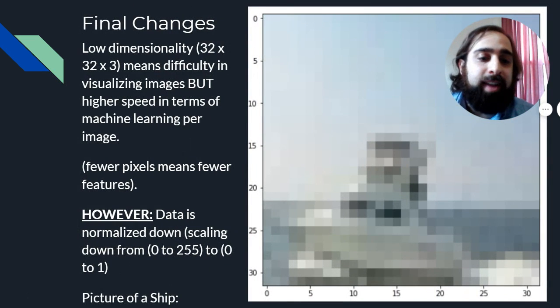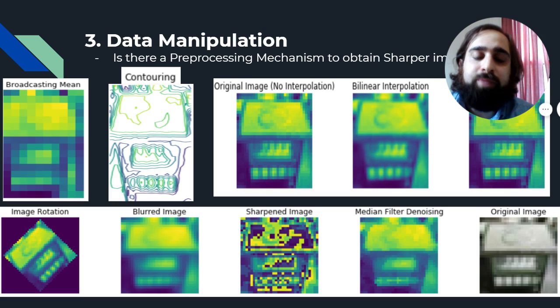And this is just another example of when you expand and scale up these 32 by 32 by 3, really low resolution. So this is just another example that neural networks really need to have simple data so it doesn't get overloaded computationally.